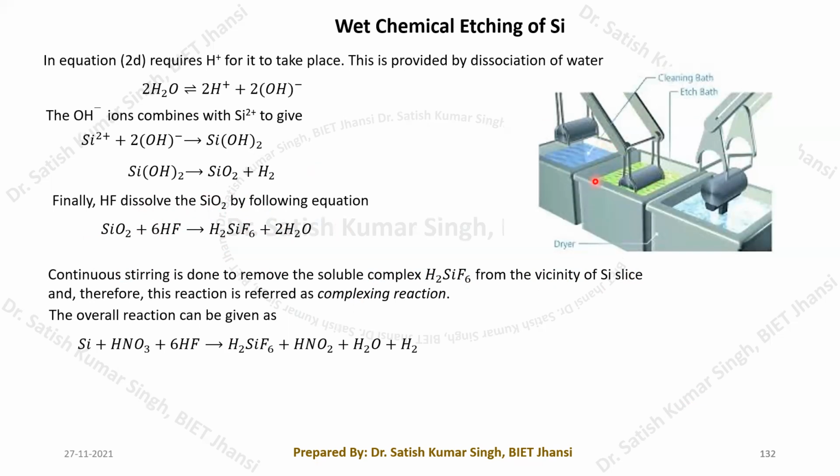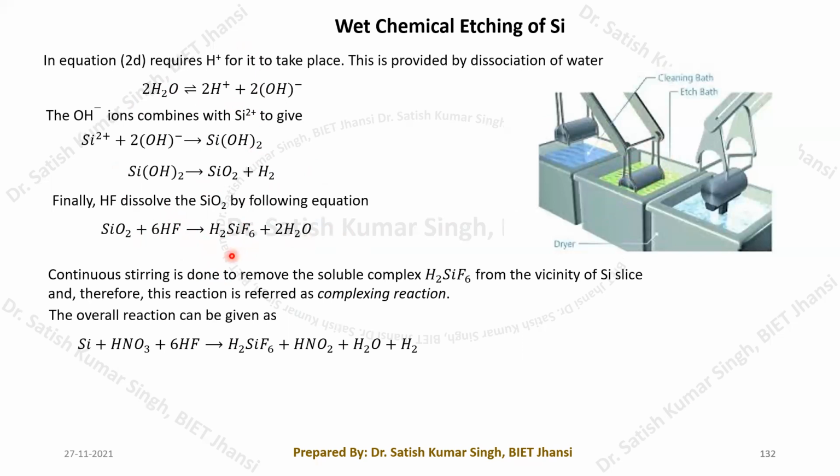Here you can see this picture I have already explained. While doing this chemical etching, we place the entire wafer inside the chemical solution, and then this chemical reaction takes place. One by one, due to the stirring, the byproduct can be removed, and this way we are able to remove the silicon from the surface.